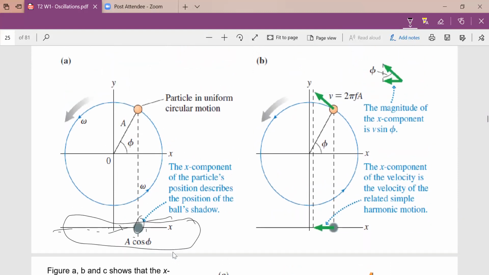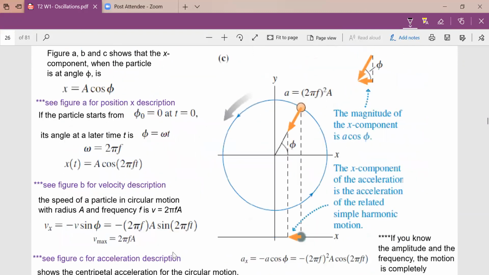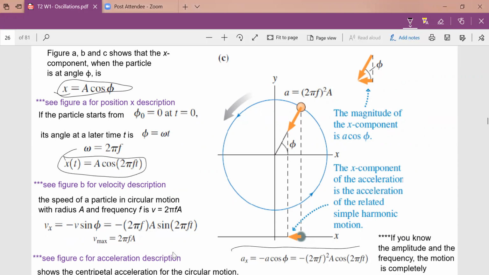So for the velocity, we use 2 pi f A, the relationship which we have seen in the previous chapter as well, to describe the velocity. And the acceleration also, which is simply the square of the velocity and the amplitude A. Okay, so we have the description for position, velocity, and acceleration.